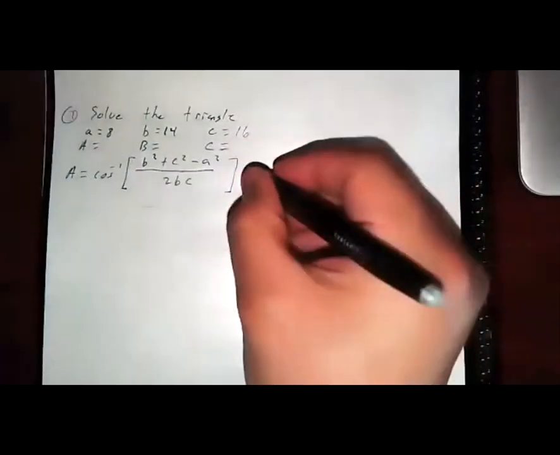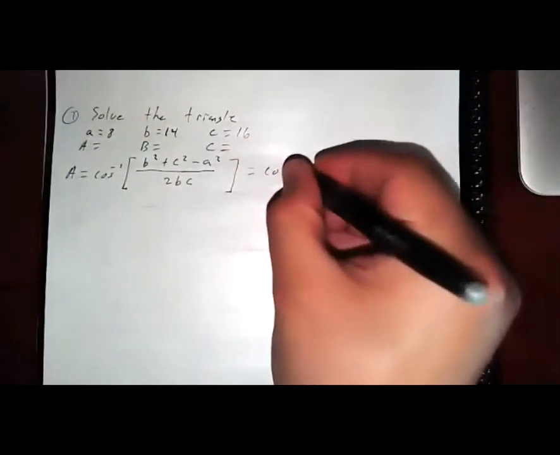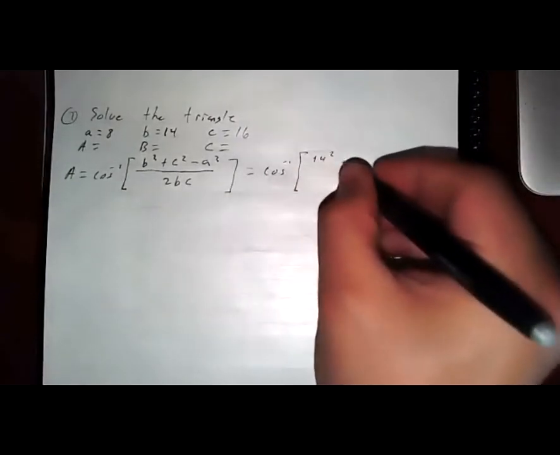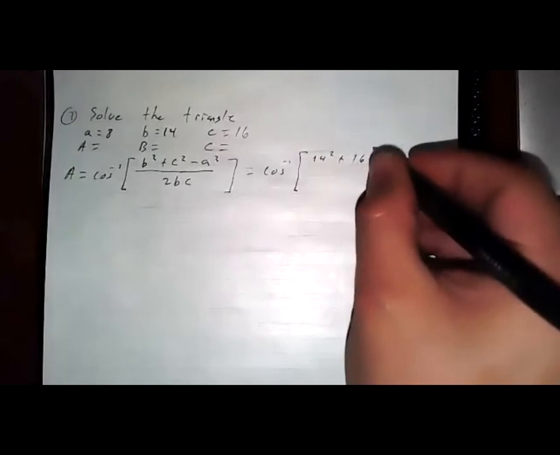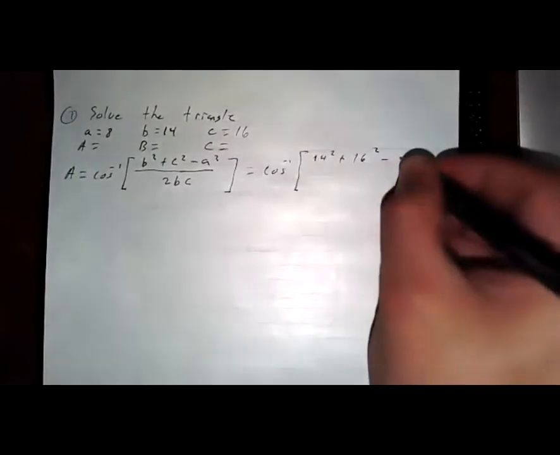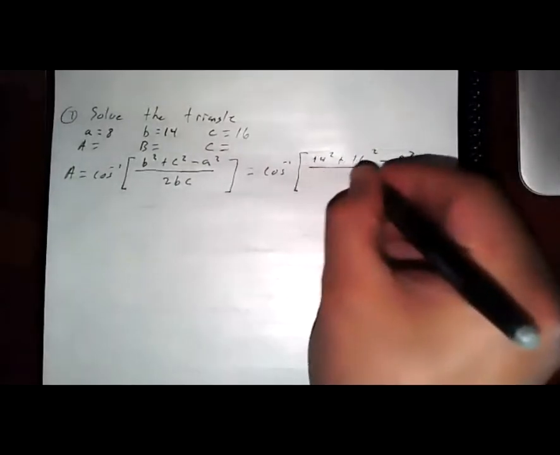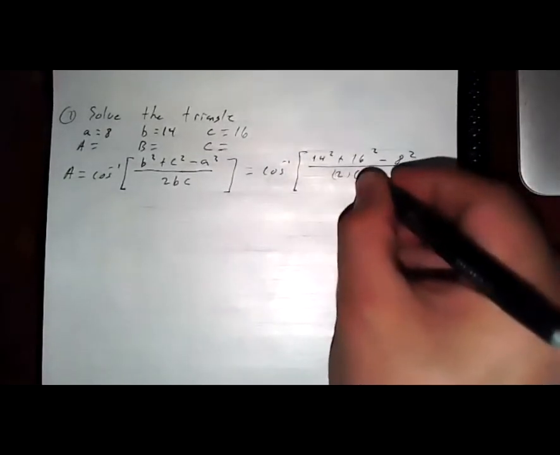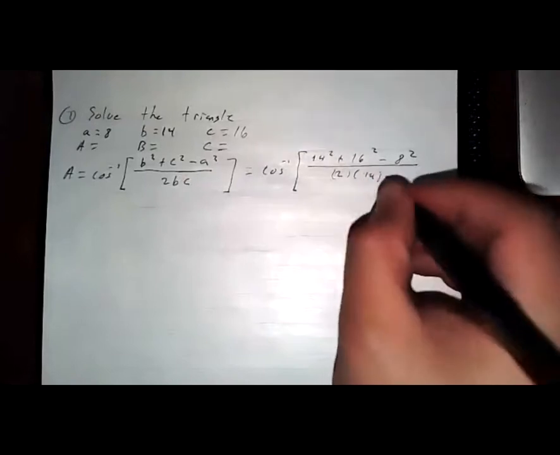So plug all of this in to get A. That will be 14 squared plus 16 squared minus 8 squared over 2 times 14 times 16.